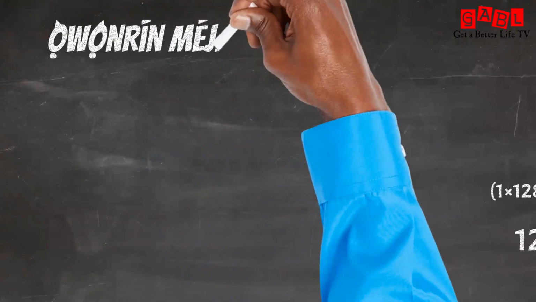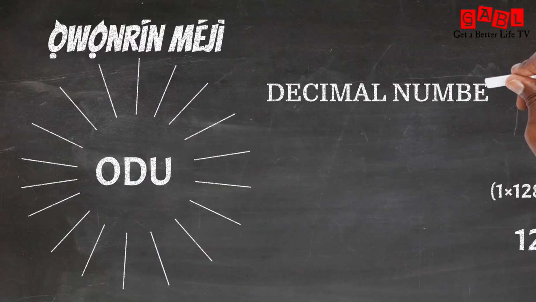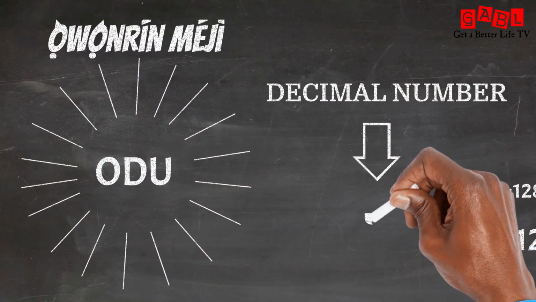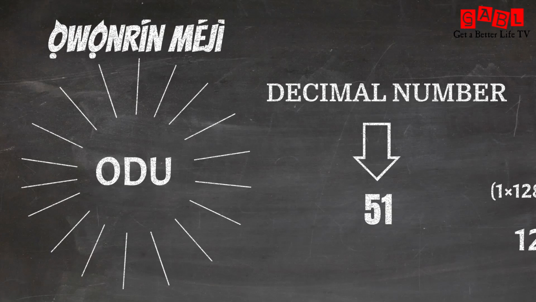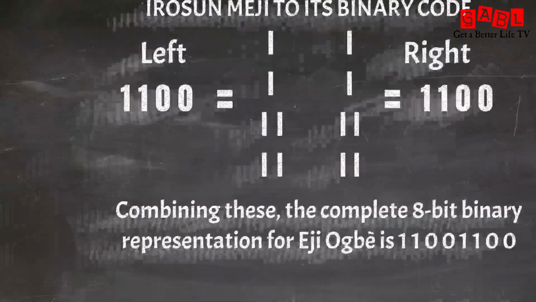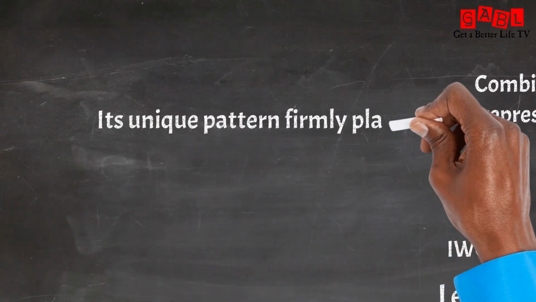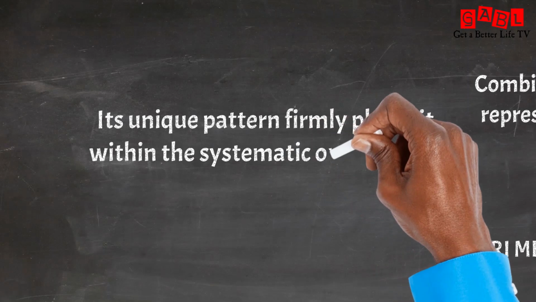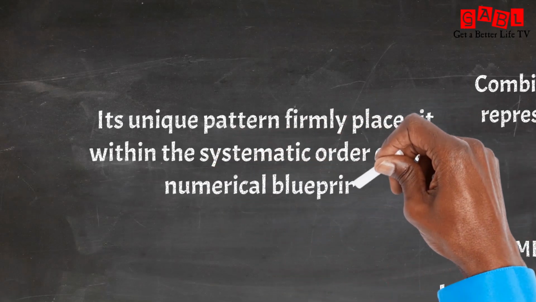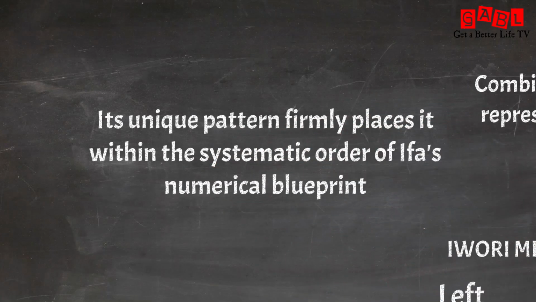So, Owonrin Meji, the Odu of navigating the unexpected, corresponds to the decimal number 51. Its unique pattern firmly places it within the systematic order of Ifa's numerical blueprint.